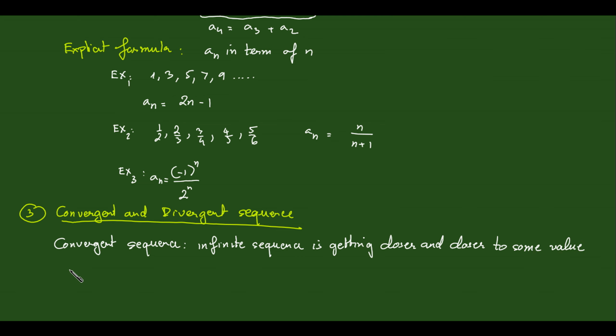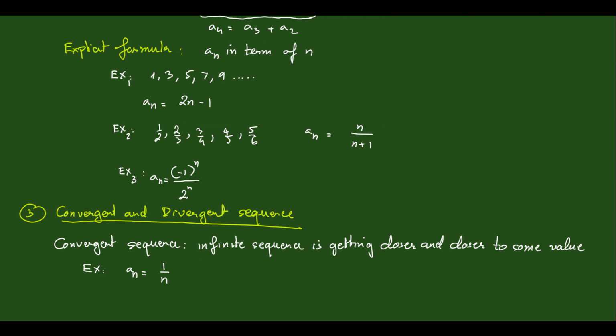Alright. For example, I have a sequence like this, and I say that this sequence is getting closer and closer to the value 0. So I have the explicit formula for this sequence: a sub n equal to 1 over n.